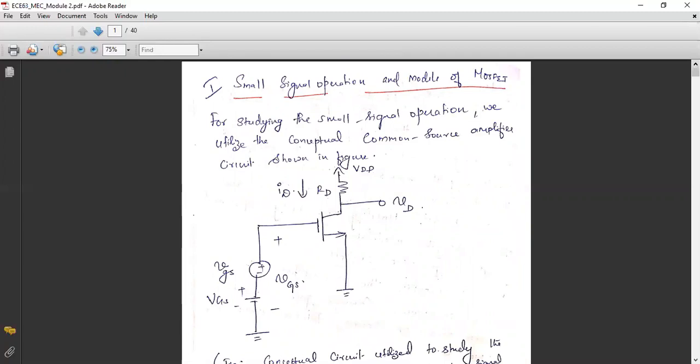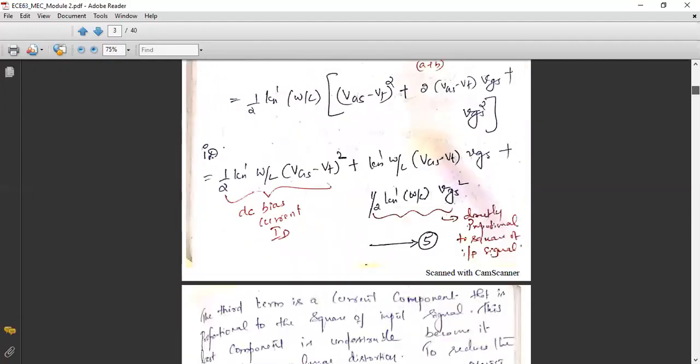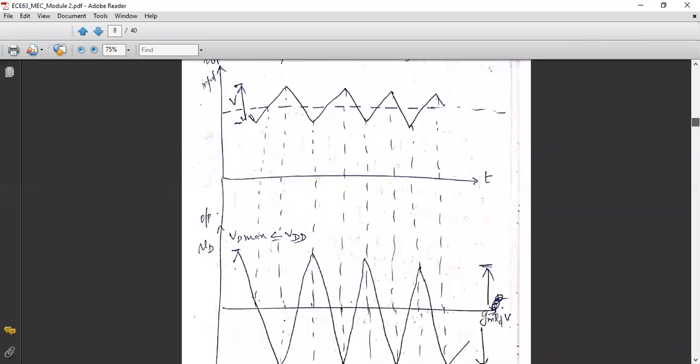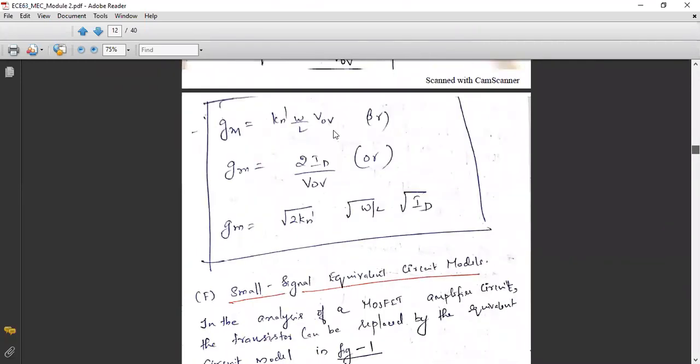Another important question from this module is the body effect. Then how to draw the equivalent circuit, and the derivation for transconductance. You have 3 equations for transconductance, so that derivation is also important. This note is already shared in the classroom, so you can access it from there and practice the derivations.